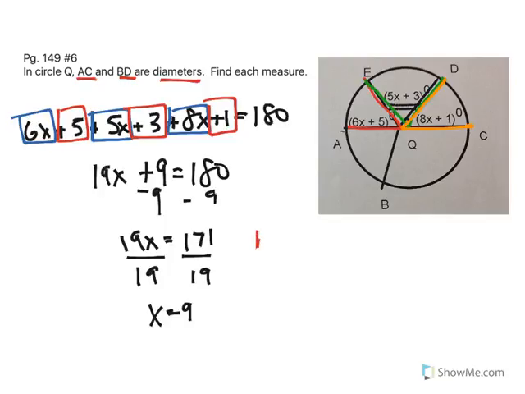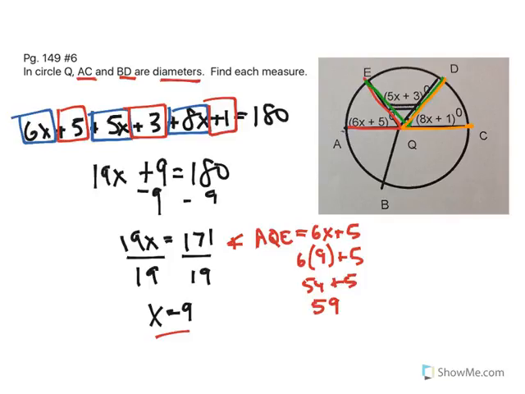So AQE: the figure tells us that the expression is 6x plus 5. We know that x equals 9, so let's plug that in. We get 6 times 9 plus 5. 6 times 9 is 54, plus 5 gives us 59. Remember, as soon as you get the angle measure of something in the circle, write it in the picture.